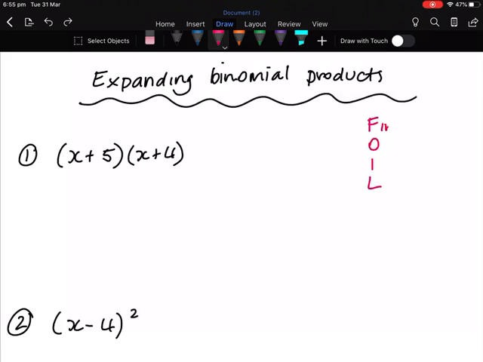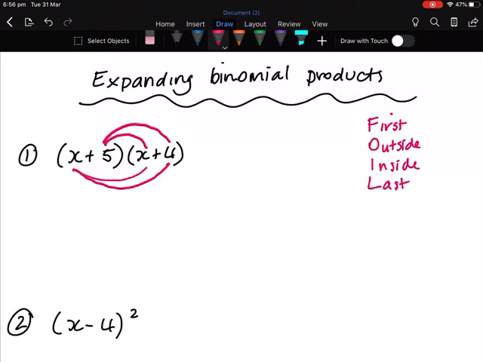It stands for first, outside, inside, and last. So we multiply the first two terms, then the outside terms, then the inside two terms, and then the last two terms.